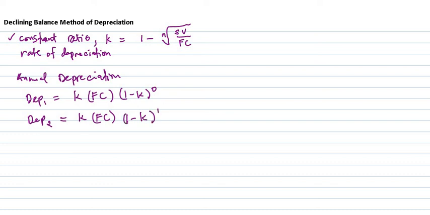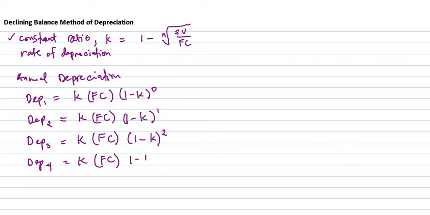For the third year depreciation, we have K times the first cost times 1 minus the constant ratio, raised to 2. For the fourth year depreciation, we have the rate of depreciation times the first cost, and then 1 minus K raised to 3.